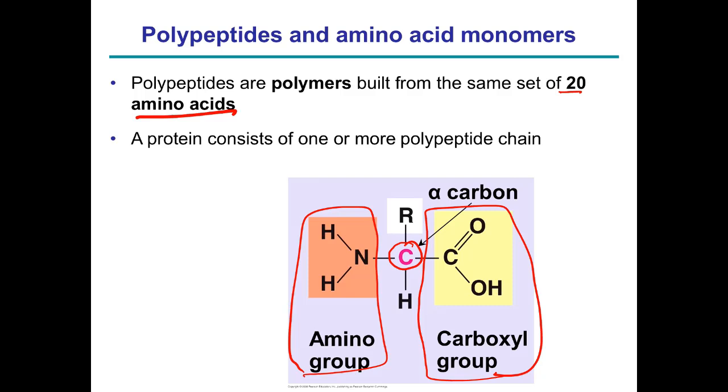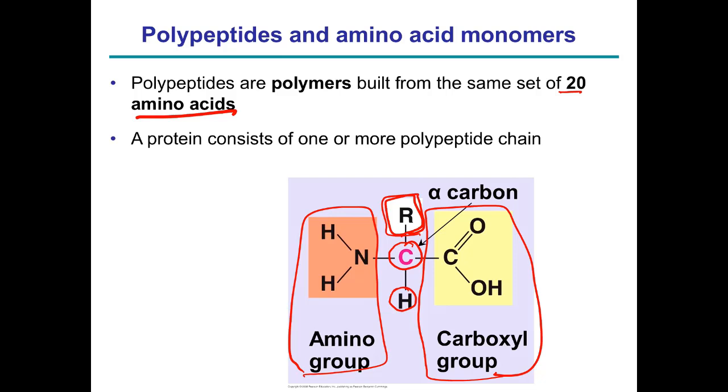So all amino acids will have an amine group and a carboxylic acid group. Apart from that, the third bonding that the carbon has is with the H, and the fourth is with an R group. The R group can be anything, and the R group is something that basically determines the main structural outcome of the different kinds of amino acids. And therefore, it confers these different amino acids different kinds of properties.